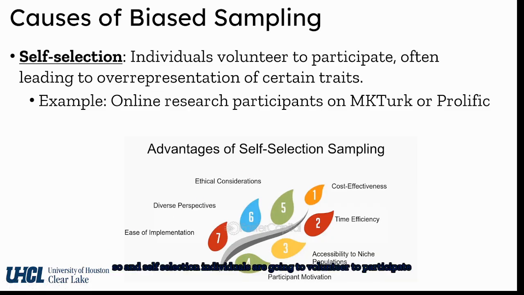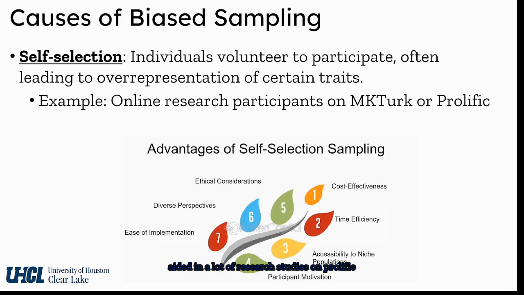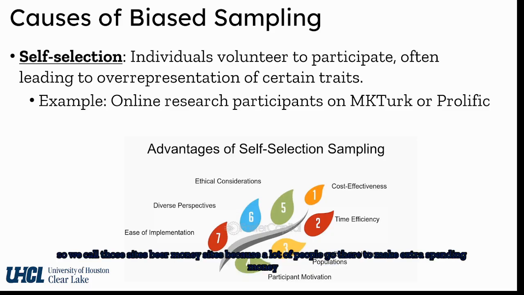So in self-selection, individuals are going to volunteer to participate. And that leads sometimes to an overrepresentation of certain traits. So there are platforms online like MTurk and Prolific. Prolific is the one that I'm the most used to. I've actually participated in a lot of research studies on Prolific. So we call those sites beer money sites because a lot of people go there to make extra spending money.